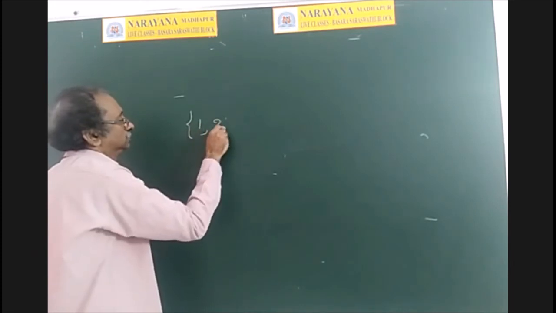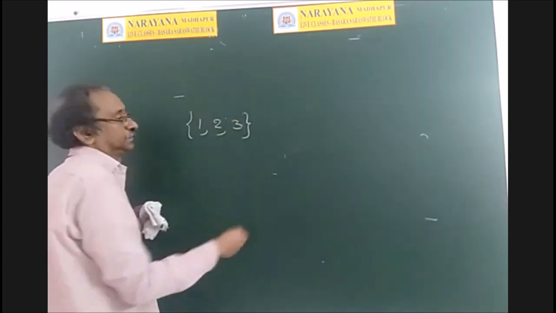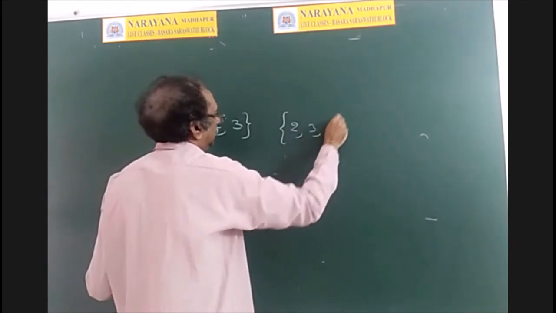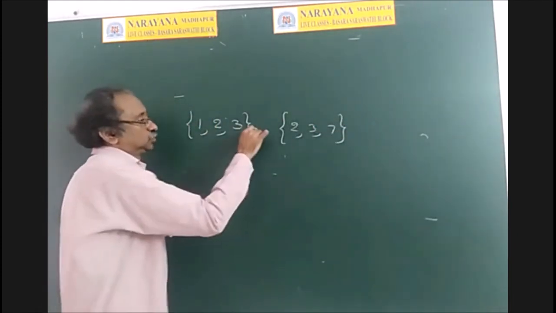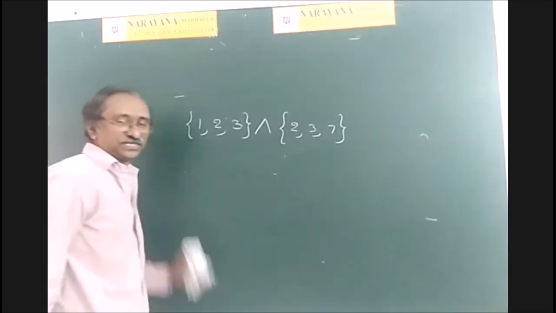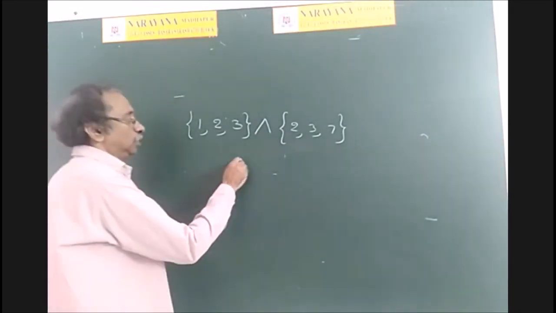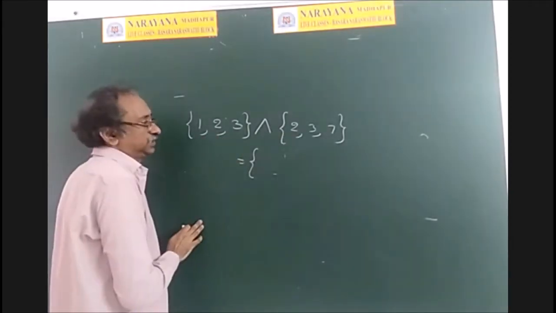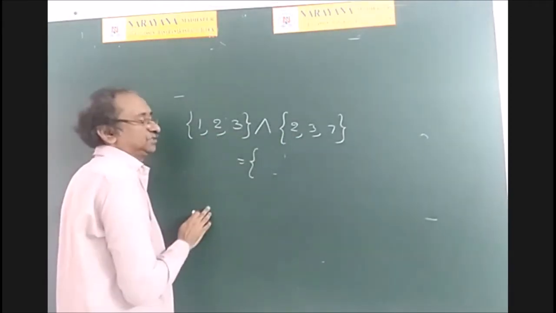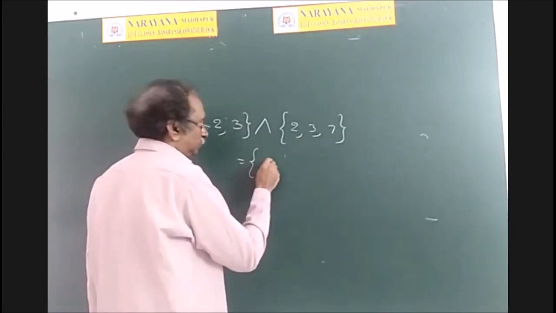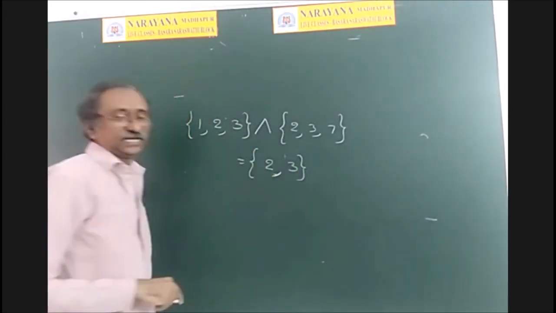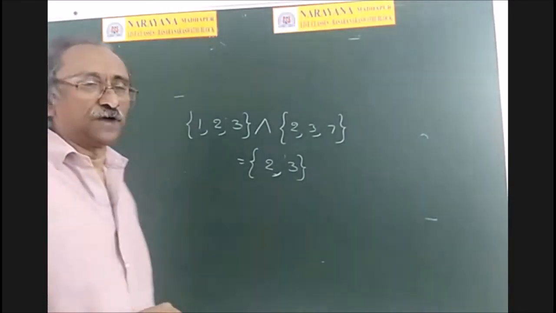This is 1, 2, 3, and this is another set, 2, 3, 7. This symbol is called intersection. That means you have to write the common values. What are the common elements of these two sets? 2 lies in both sets, 3 also lies in both sets. So that is the set containing the numbers 2 comma 3.